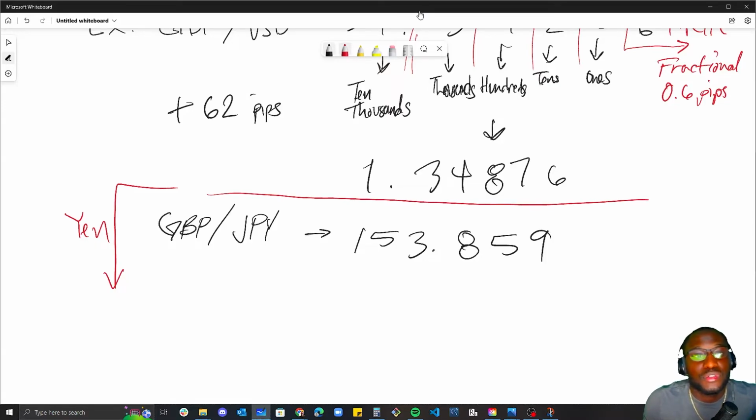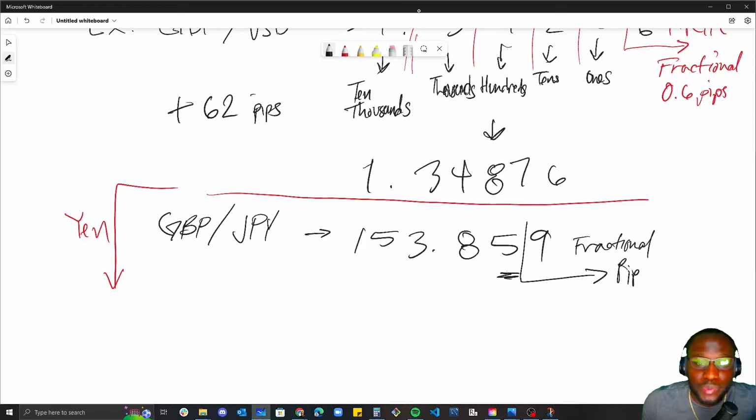All right, so looking at this yen, we know that the one pip place starts at this second decimal place. So obviously, now as you can tell, this pip is actually a fractional pip, and a fractional pip is called a pipette.